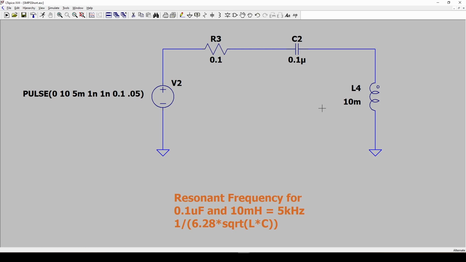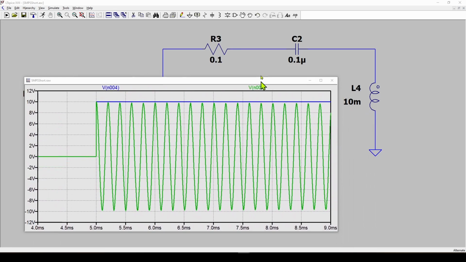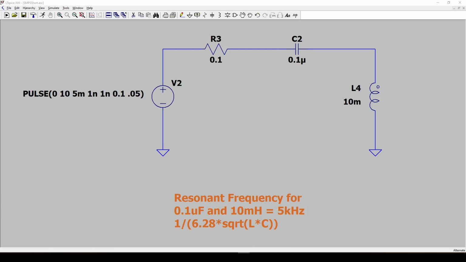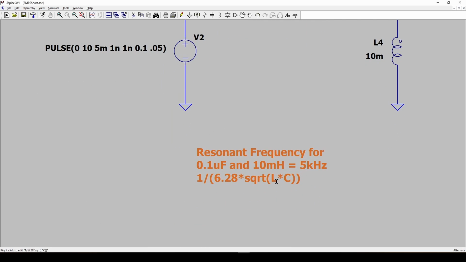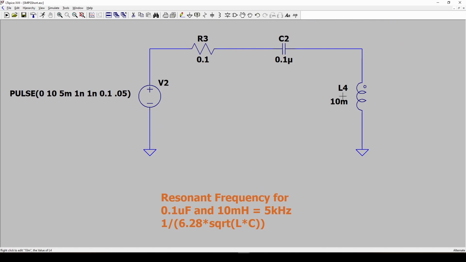Now, as a side note, you can calculate the resonant frequency, the frequency of this sine wave that this circuit is ringing at, by taking the inductance value and the capacitance value and filling it into a formula. Basically, you take the L and the C and calculate. And it turns out for these values, 0.1 microfarad and 10 millihenries, the resonant frequency is about 5 kilohertz.